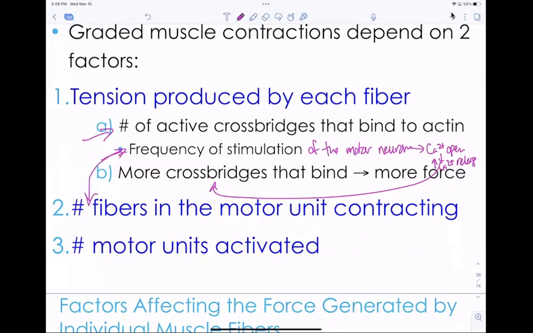And then you can start increasing the number of motor units activated to even create more force or tension in that muscle, right? So muscles can start at the level of the skeletal muscle fibers in a motor unit by the frequency of action potentials arriving at the neuromuscular junction of all the muscle fibers innervated by that motor neuron.